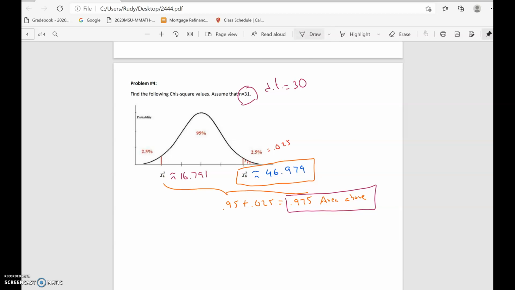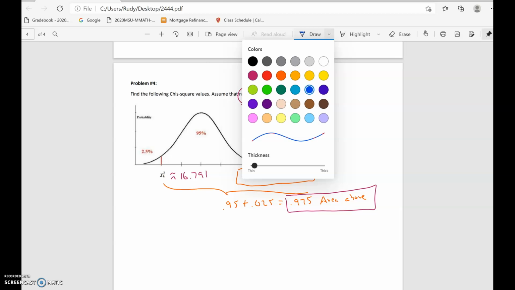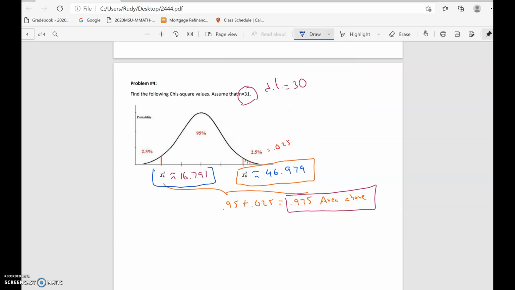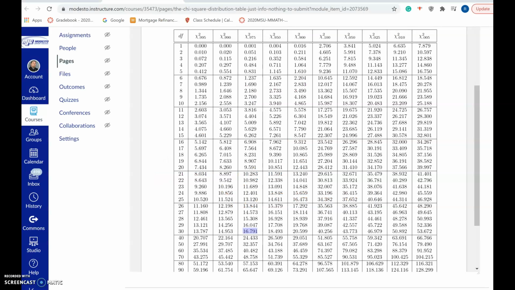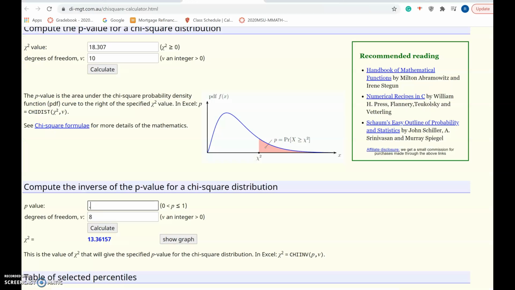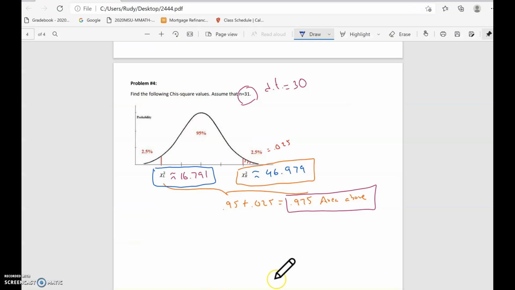Okay, let's compare those two with the actual software. For the first one, 0.025 and a total of 30 degrees of freedom, we're getting 46.979.